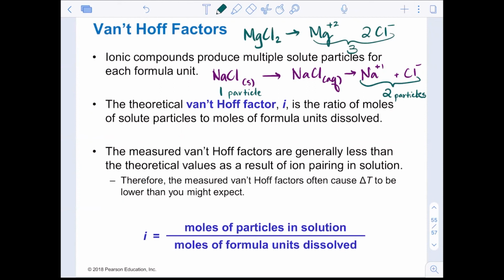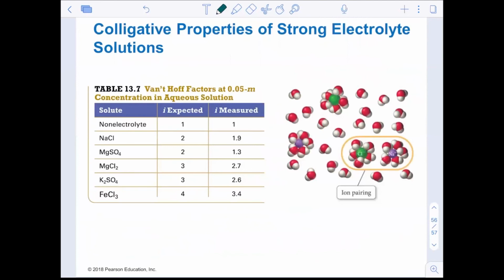The higher the Van 't Hoff factor, the more effect on the colligative properties. So the Van 't Hoff factor can cause the delta T to be larger than if it was a molecule or other non-dissociating compound. Typically, what we do for i expected is just look at the actual ion count.